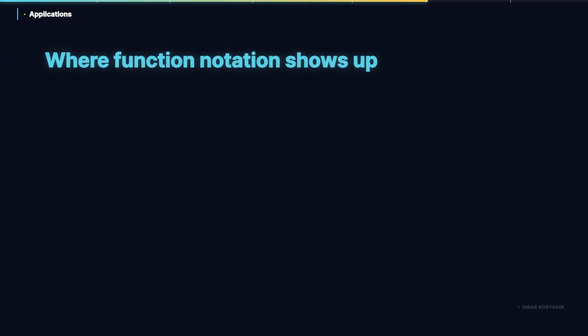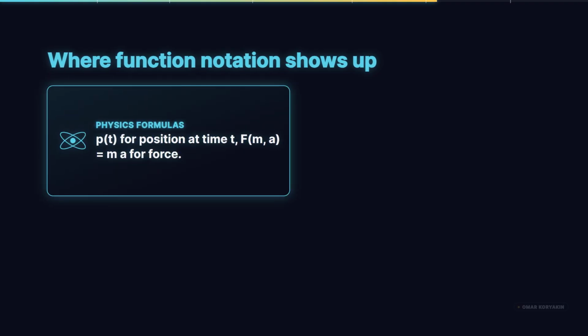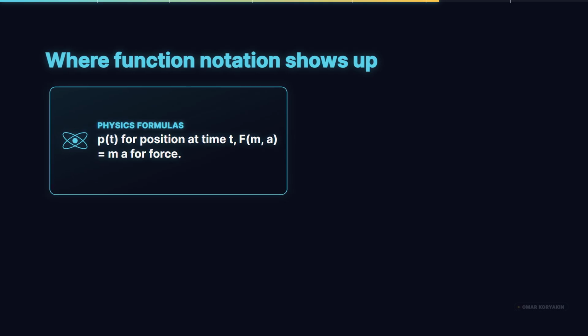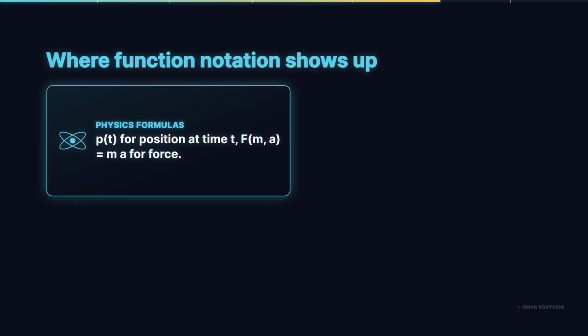Function notation is one of the most universal pieces of mathematical notation in all of science, engineering, and computing because it cleanly expresses the input-output structure that pervades quantitative reasoning. Four broad sectors below. In physics, position as a function of time is written p of t, velocity as a function of time is v of t, energy as a function of position is E of x.